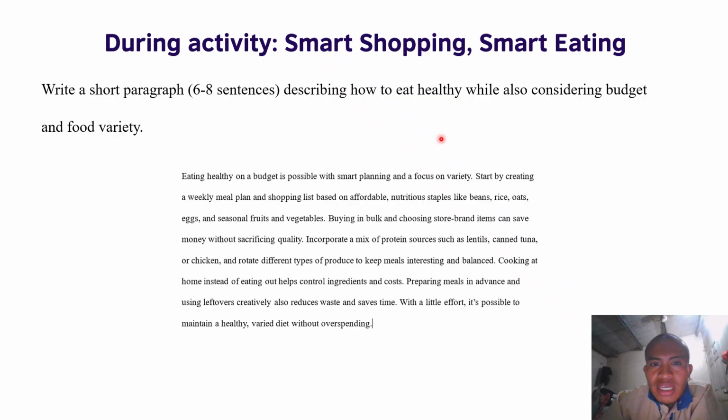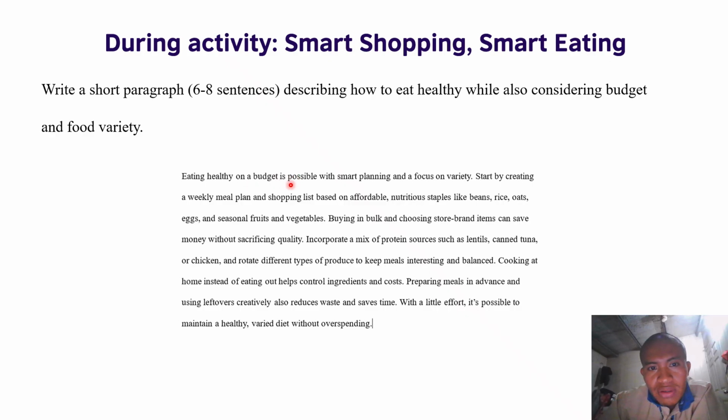For this activity, I have smart shopping, smart eating. Students, you have to write six to eight sentences describing how to eat healthy while considering budget and food variety. There are many food varieties.